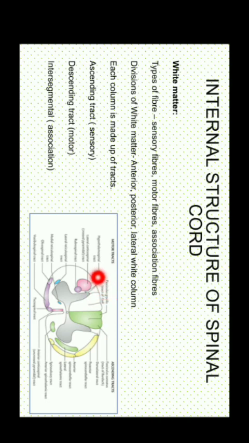Obviously the sensory fibers, which carry sensation from the skin towards the brain. So that's the ascending tract. The descending tracts are those which are coming down. They are the motor fibers, going towards the muscles.